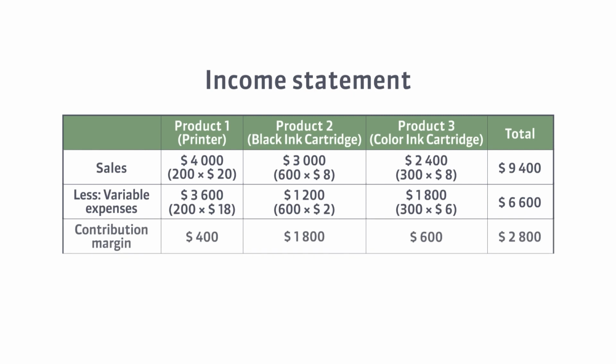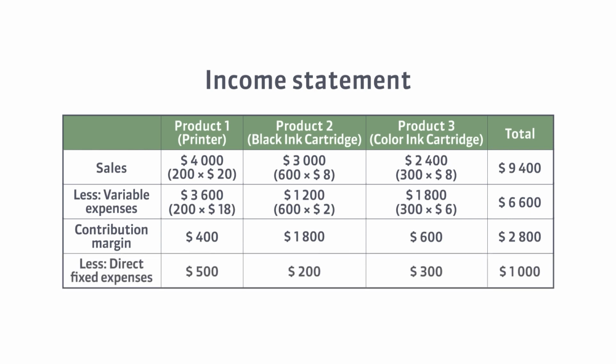The difference between sales and variable expenses is the contribution margin. Now we can assign direct fixed expenses to each of the products. The last column shows the total value, that is, the total sales value, variable expenses, contribution margin, and direct fixed expenses. Let's stop at this point for a moment.